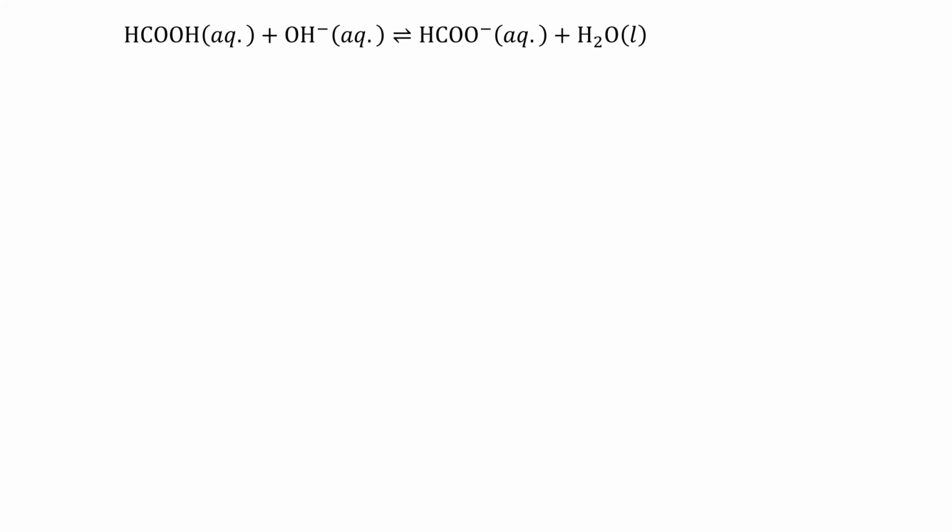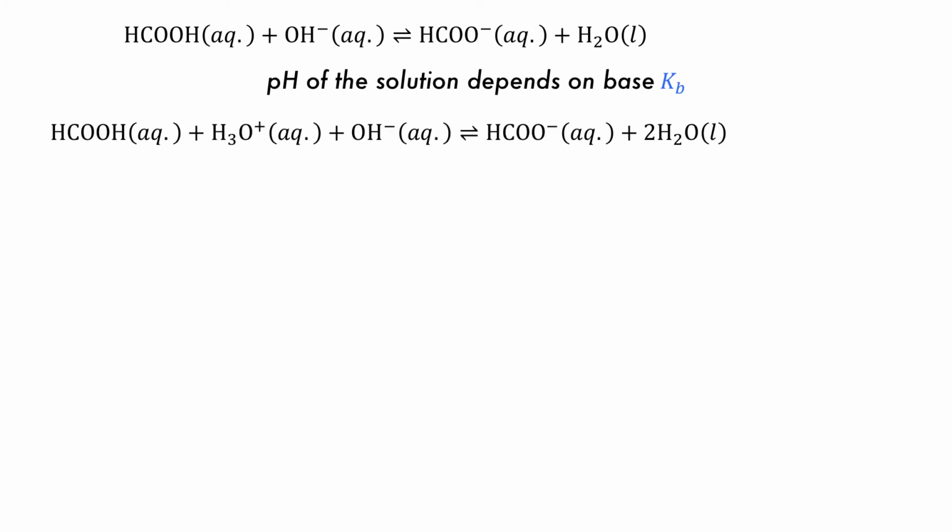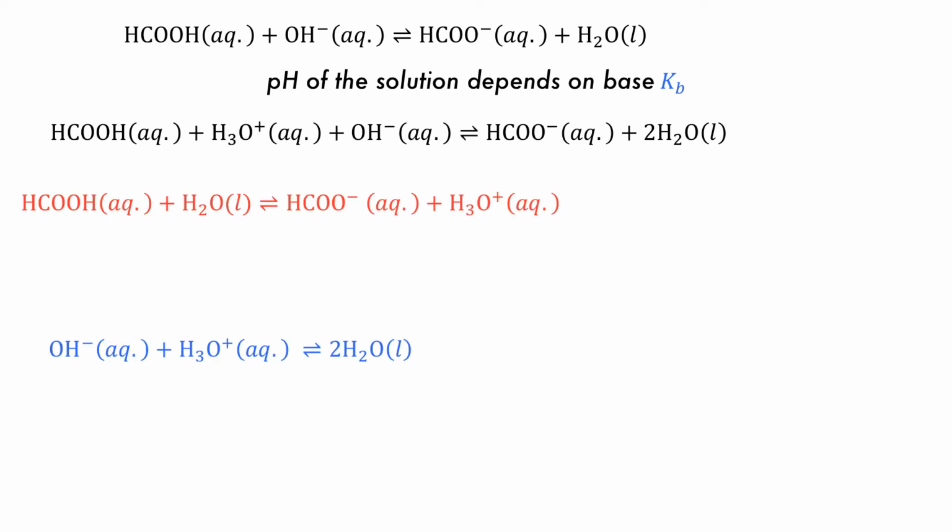What happens if a weak acid and a strong base react? How can the formation of a basic solution be shown? For the reaction of the strong base sodium hydroxide reacting with the weak acid formic acid, the pH value depends on the base Kb value. First, write out the full ionic equation so that it can be split into the acid and base parts.